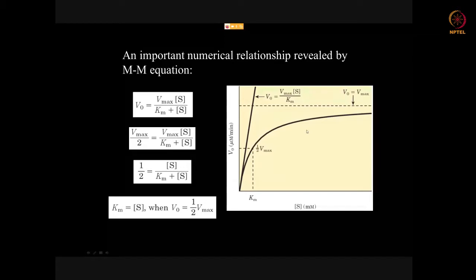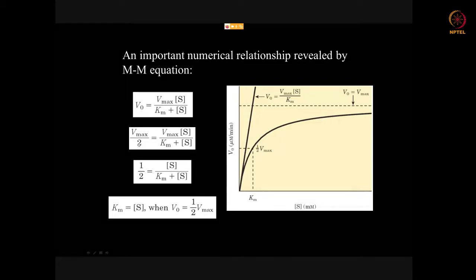Okay. So having done that, now we look at another important relationship that the Michaelis-Menten equation reveals, and that is the value of Km itself. So now imagine the velocity is roughly about half of the Vmax that is possible.